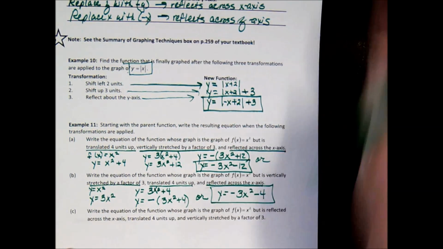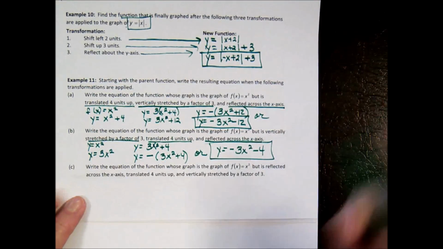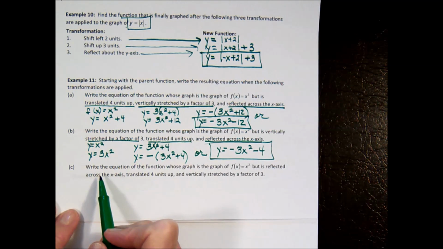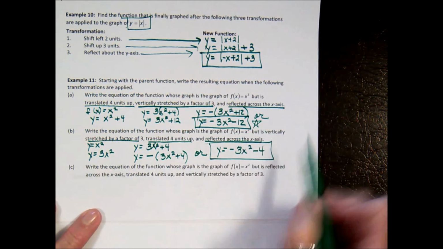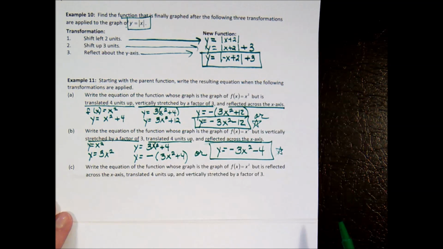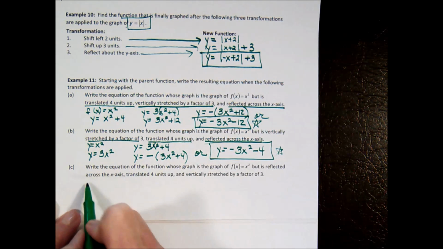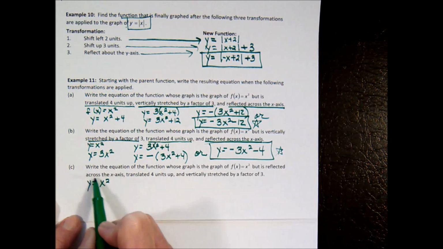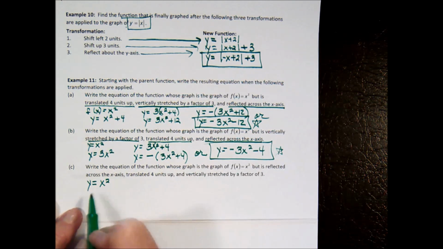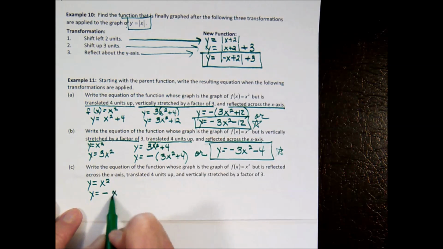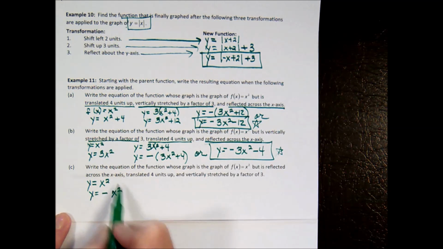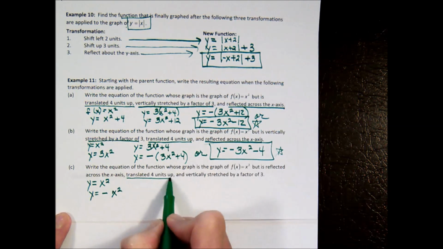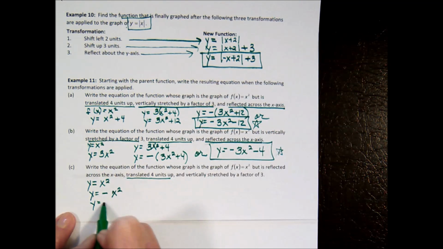Finally, we're going to do the same 3 transformations again, but you're going to see we're going to get something different from this and something different from this. So we start with y equals x squared again. This time we're going to reflect that across the x-axis first. So y equals negative x squared. No parentheses. I'm not putting in a negative x. I'm putting in a negative in front of the whole side. That's a negative y. Now I'm going to send that 4 units up. y equals negative x squared plus 4.